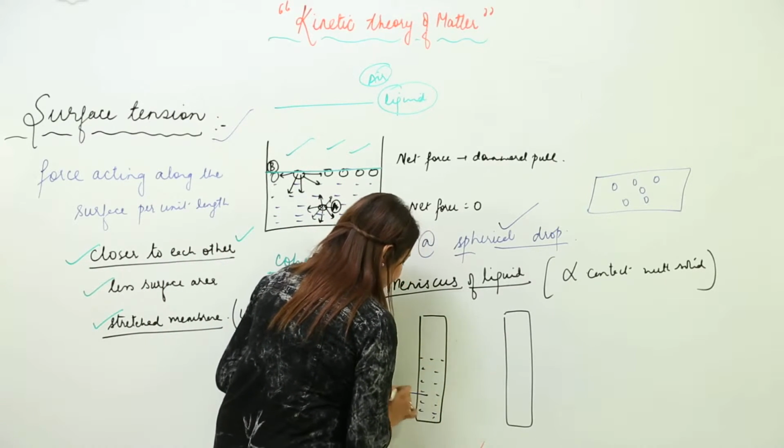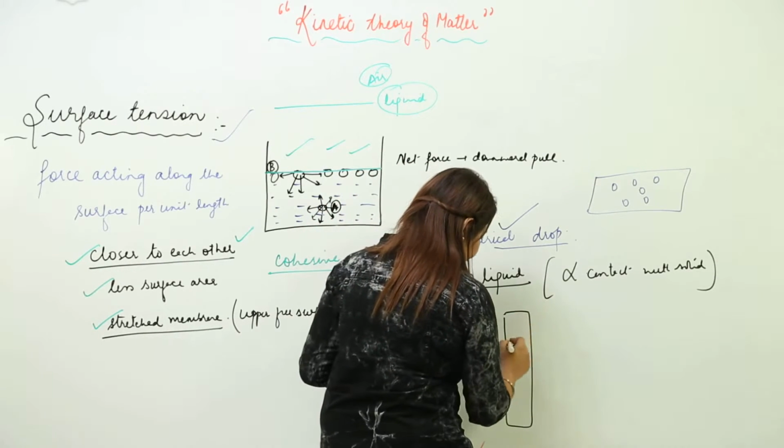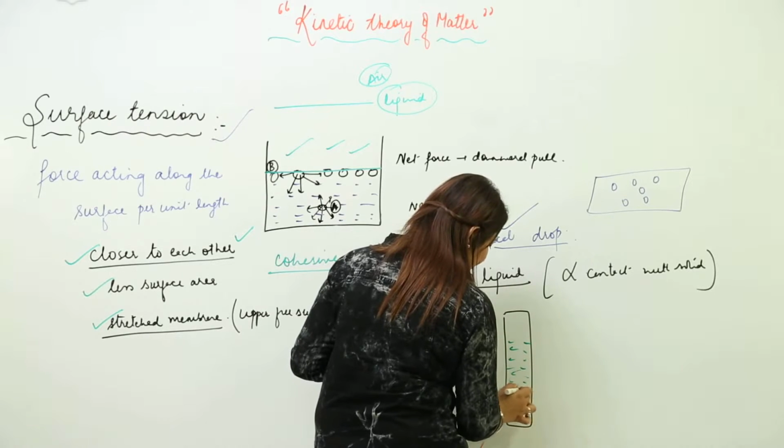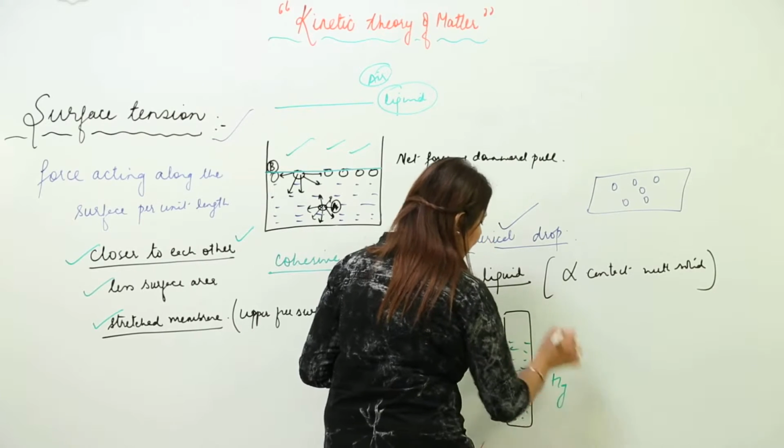In one glass tube there is water, and in the other glass tube, let us make it green. Do not think that mercury is green in color, I am just drawing it to differentiate. Let us say that this is mercury.